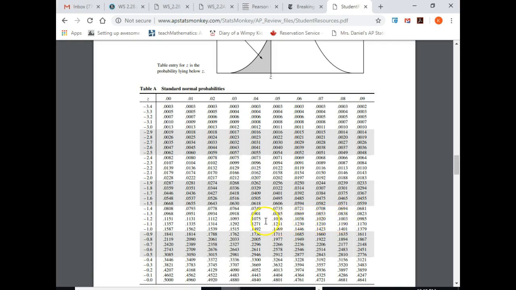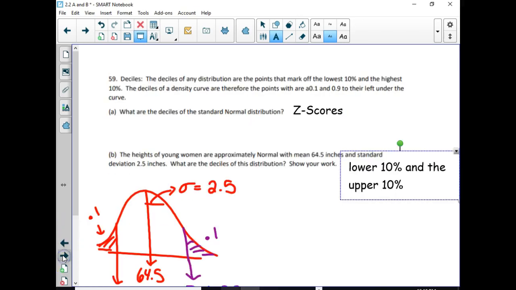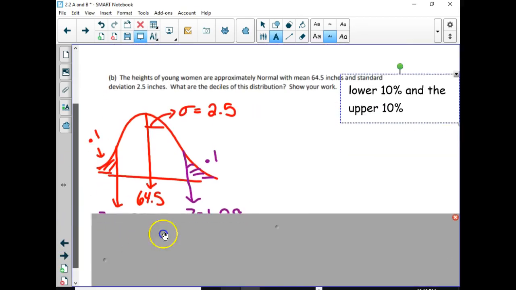The z-score that goes with it is negative 1.28. Okay, so I start on the inside, and I go see the z-score that corresponds with it, negative 1.28. So I filled that in. You can see that right there, negative 1.28.